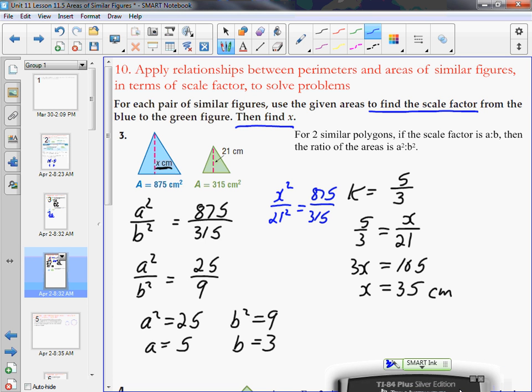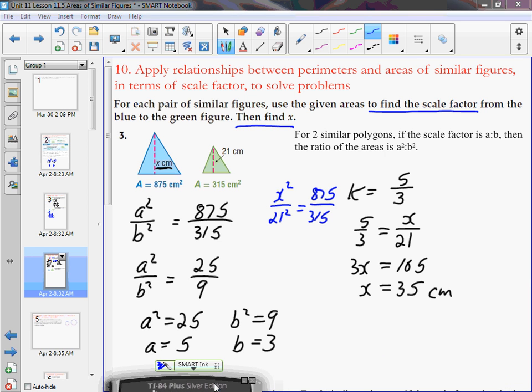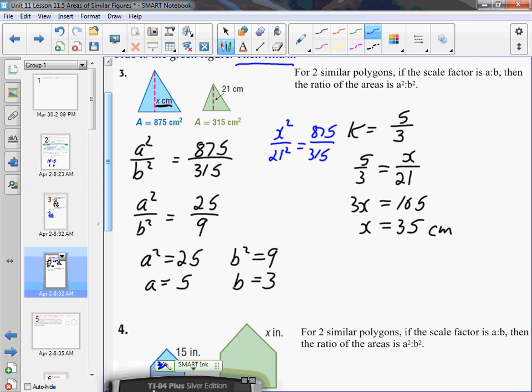Now, let me show you something about radicals, though. Here we have a squared to b squared equals 875 to 315. Let me write that again. When we're solving an equation, we'll get something like x squared equals 25, and we say we take the square root of both sides.